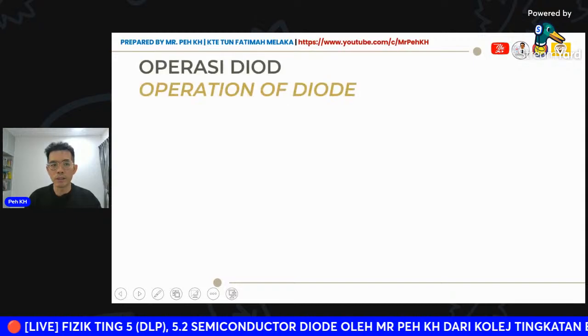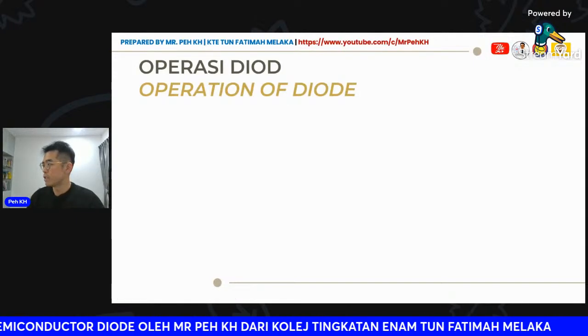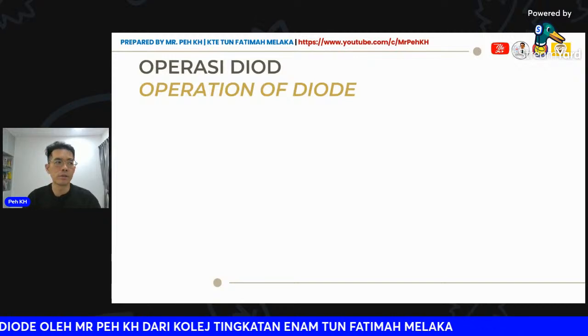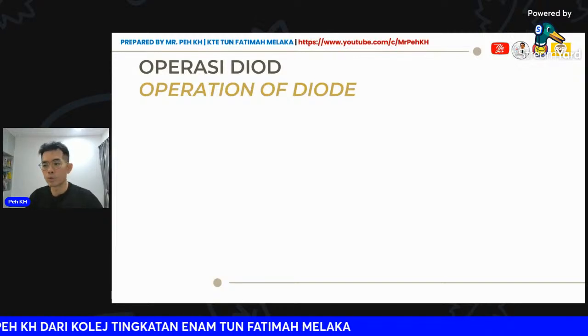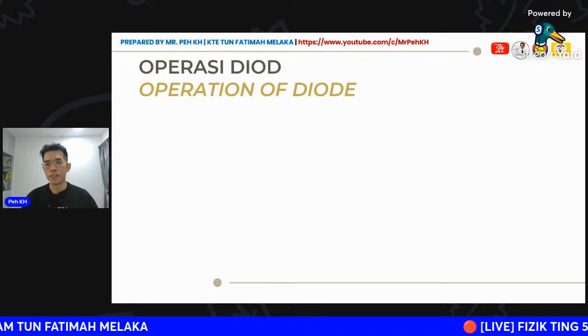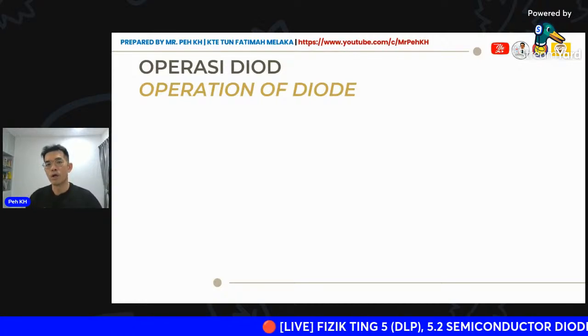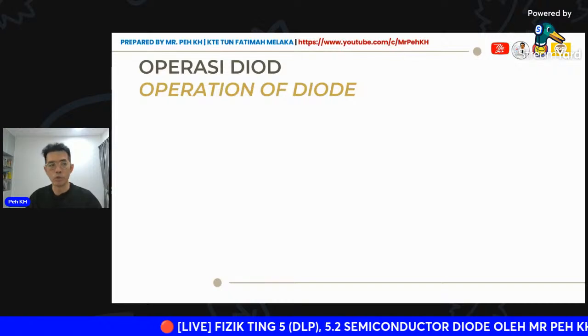Okay, so here, this will be the operation of the diode, as what I mentioned just now. To allow the electron and the hole to cross the junction, the energy provided must be more than 0.1 volt or 0.6 volt if using germanium or silicon here.